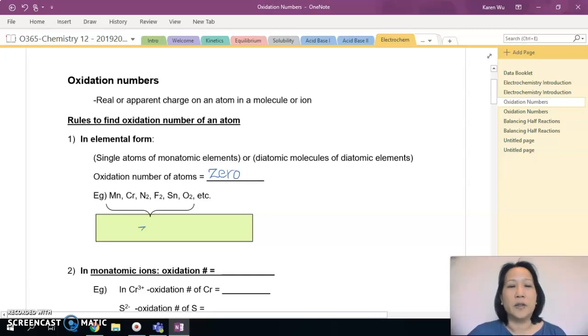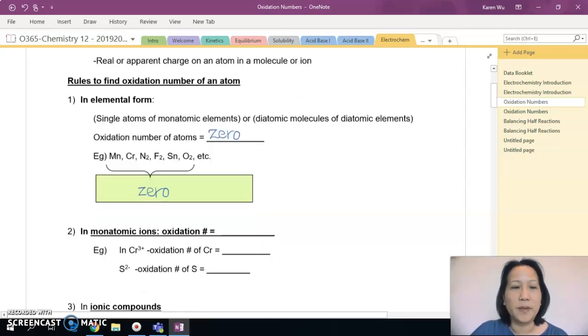We don't see a superscript charge on the top right-hand side. So whether it is a single atom or a diatomic molecule, these are in their elemental form. They have no charge. Oxidation number is 0.